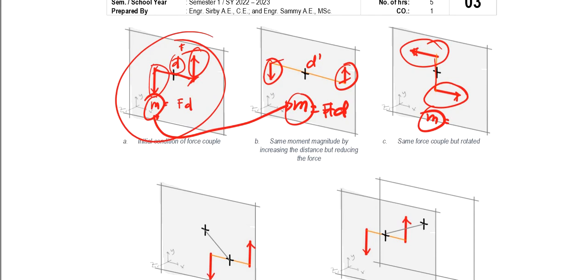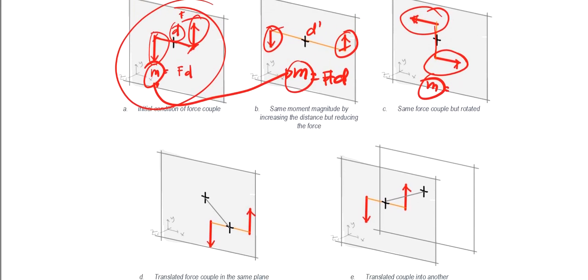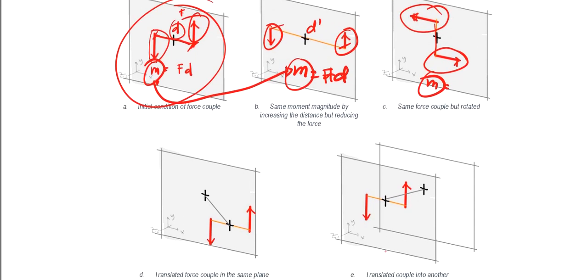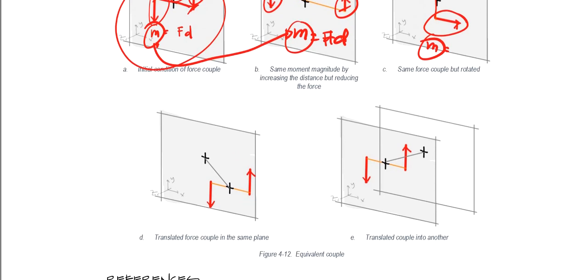Okay, so another way we can obtain the same value of moment is if we have a translated force couple in the same plane. So from this reference point, we can translate and move this in this direction, in the same plane.